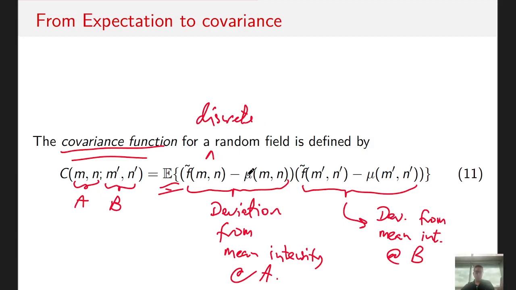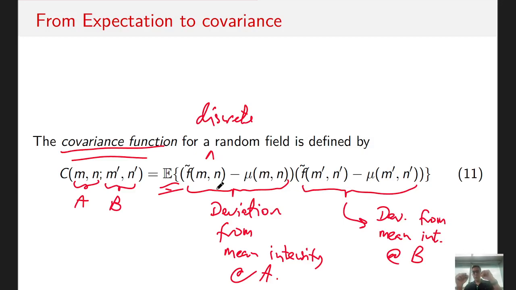Why would it be large and positive? Let's start from the case of the deviations.